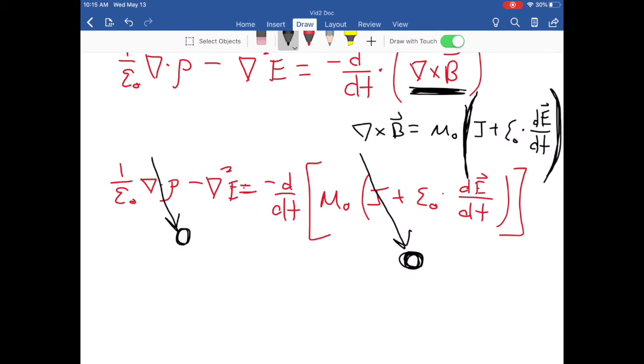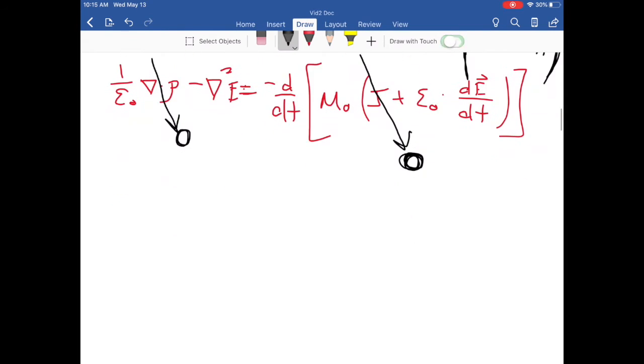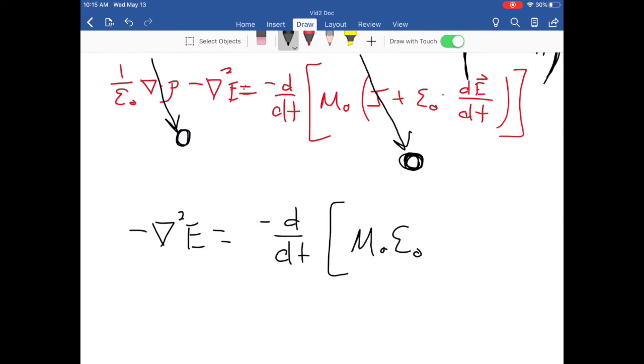So this equation simplifies like so, and we'll write the new form below. Del squared E is equal to the negative derivative with respect to time of the quantity mu naught epsilon naught times the derivative of the electric field with respect to time.